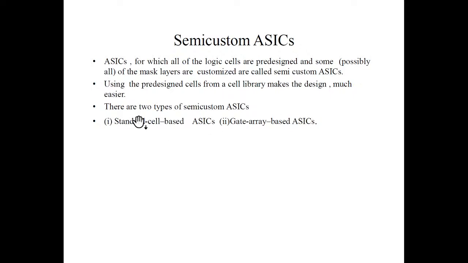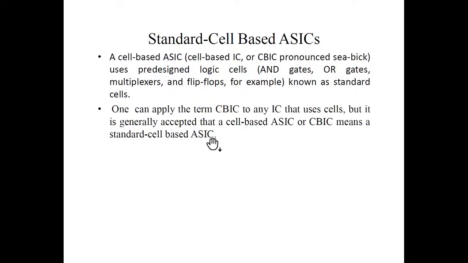Now the first topic: what is standard cell based ASIC? In standard cell based ASIC, we use a term CBIC. CBIC is known as cell based integrated circuit. Now what is the meaning of cell based integrated circuit?